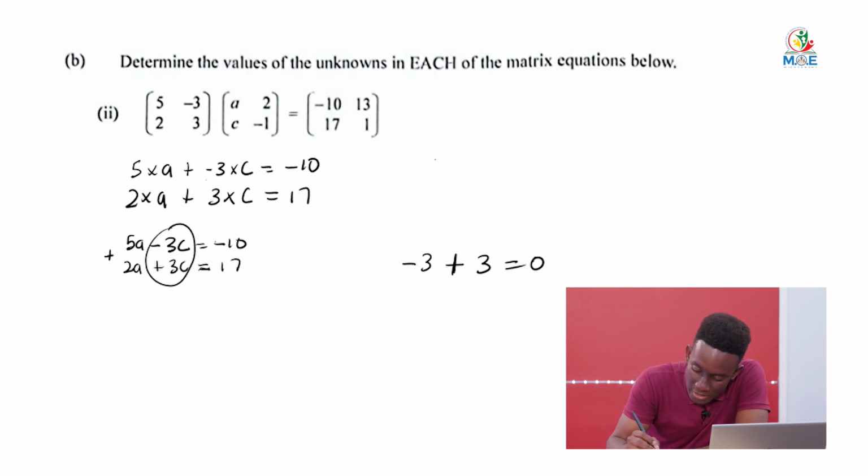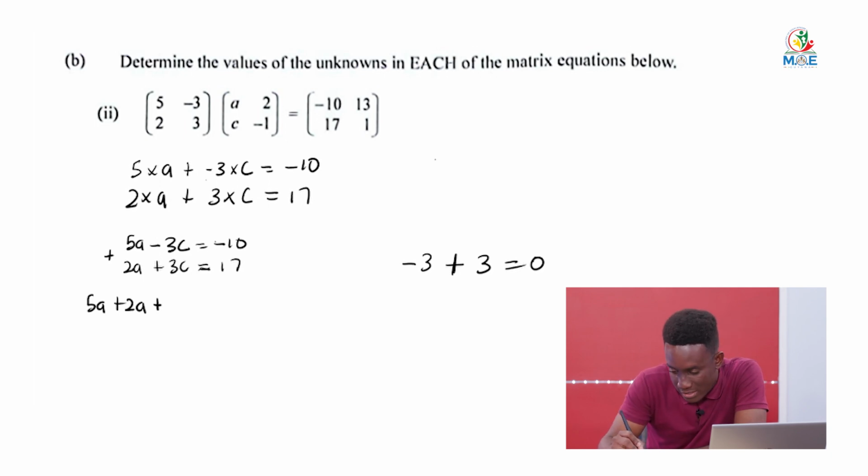So we add. This will be 5a plus 2a plus negative 3c plus 3c is equal to negative 10 plus 17. We know 5a plus 2a would give us 7a.